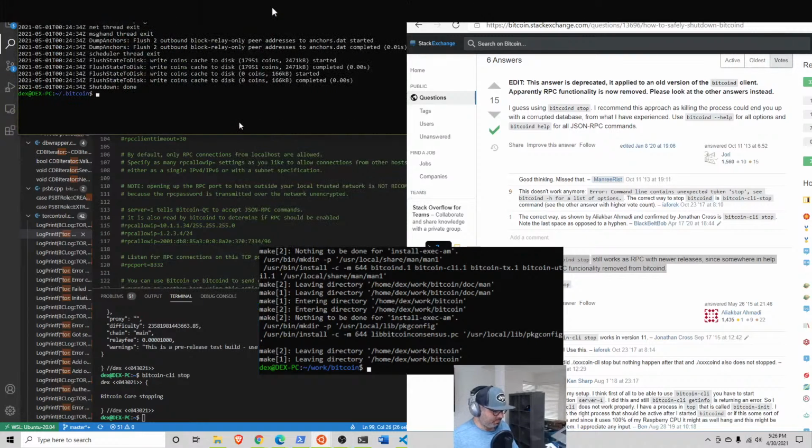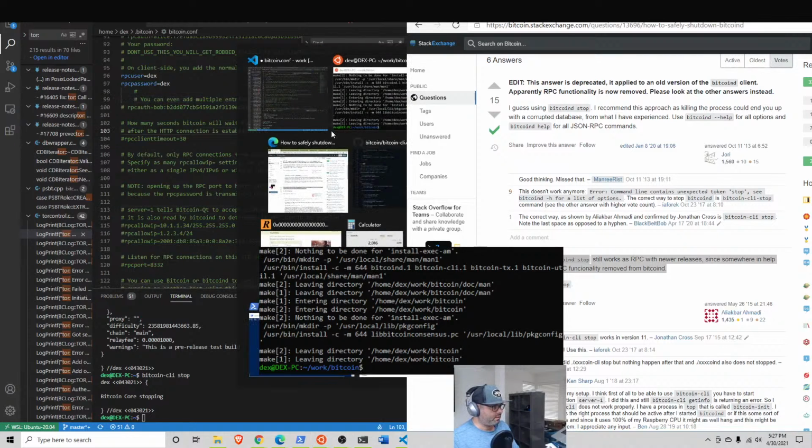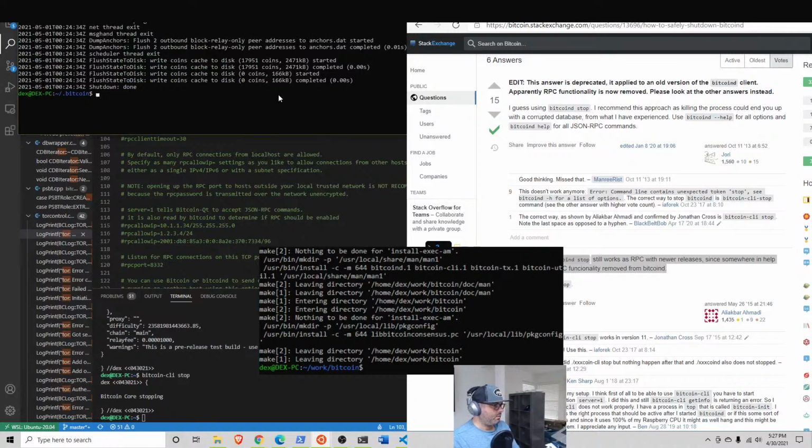Anyway, so now we have Bitcoin Core running here. Actually, let's do this before we forget.